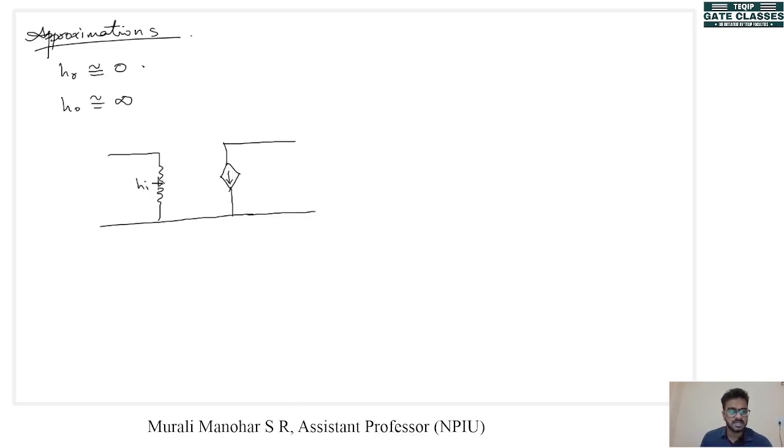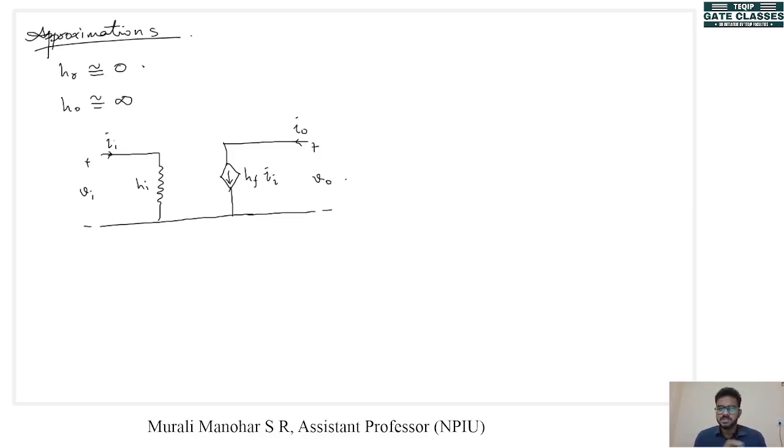This is HI and this is HF into II, where this is II. Let's call this V in or VI, and let's use small signal notations. So this is II, this is also II, and here we have IO, and here we have VO.